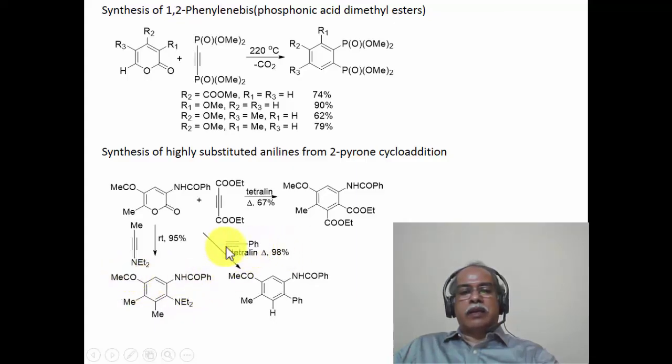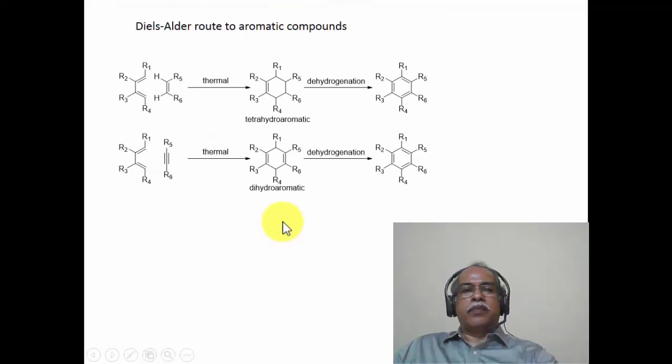On the other hand, phenylacetylene can undergo Diels Alder reaction to produce the corresponding phenyl substituted derivative. The important thing is that these are highly substituted aniline derivatives which can be further used for organic synthesis, and this is a general methodology to produce such highly substituted aniline derivatives from 2-pyrone as the Diels Alder component in these reactions.